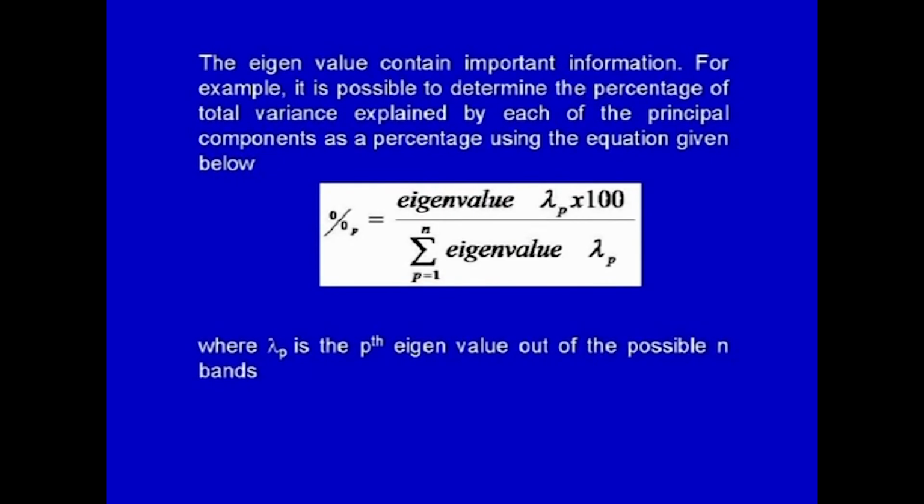The eigenvalues contain important information. For example, it is possible to determine the percentage of the total variance explained by each of the principal components using the equation where the eigenvalue of any component is divided by the sum total of all the eigenvalues of all the components, taken as a percentage.